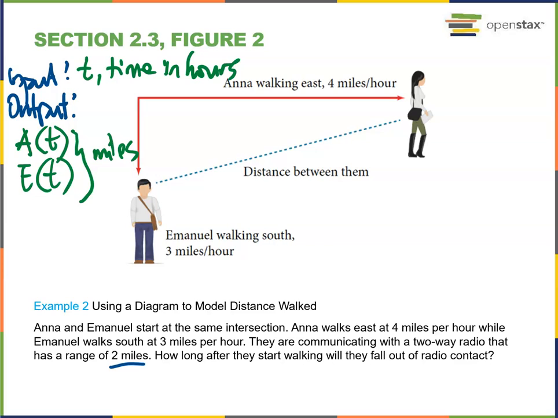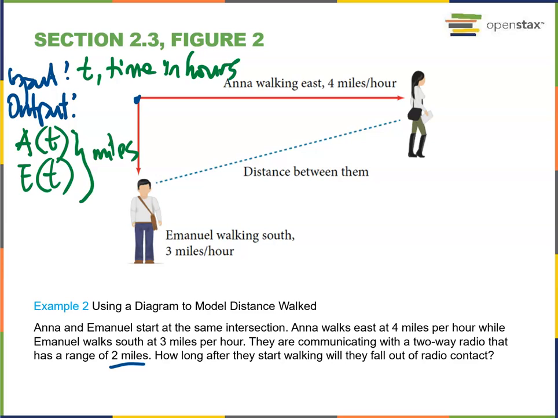Find the initial value. They both start at the same intersection when t, or time, equals 0. That is, the distance traveled by each person should also be 0. So the initial value for each is 0. Then the rate of change for both: Anna is walking 4 miles per hour and Emmanuel is walking 3 miles per hour.